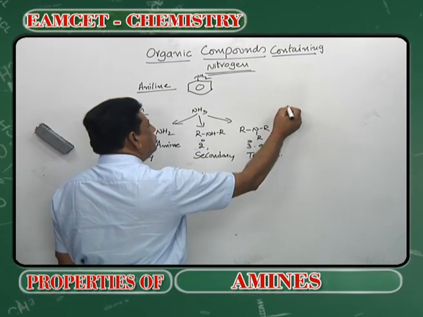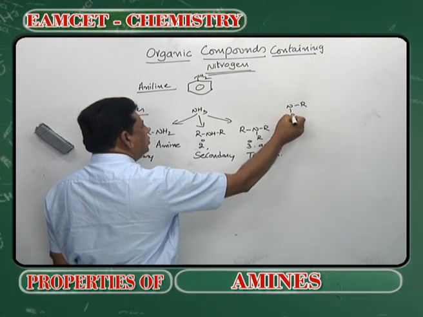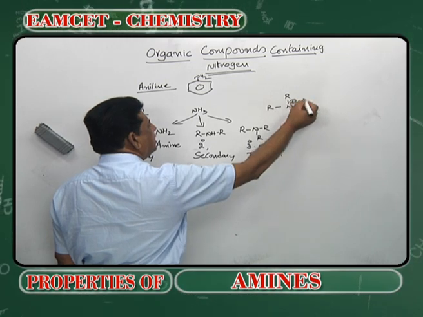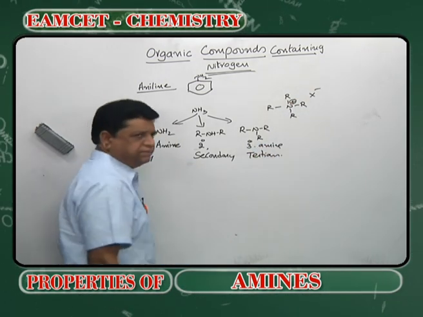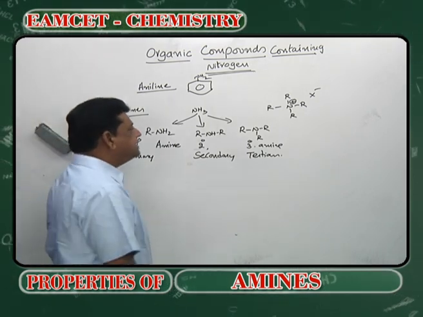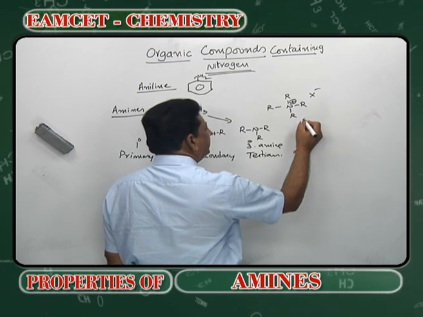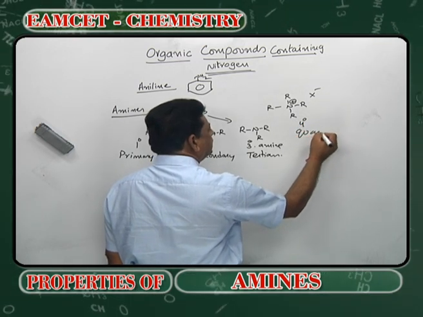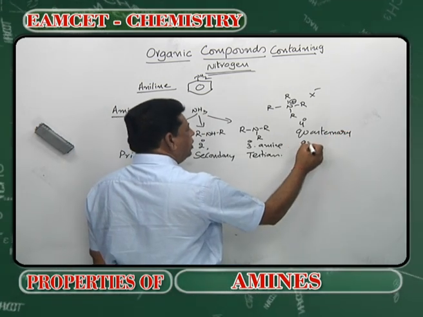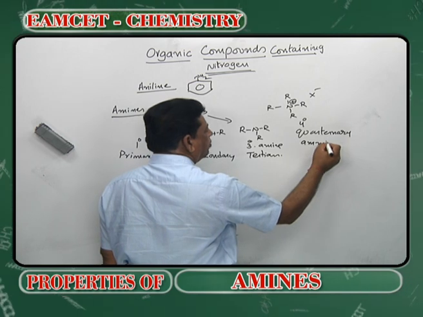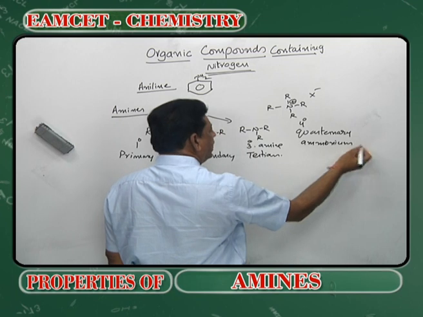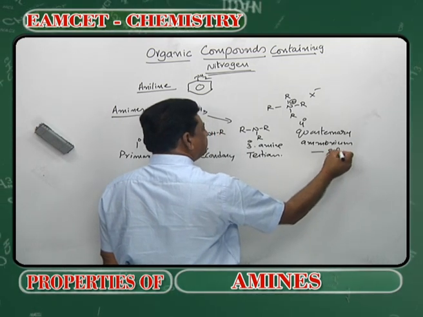In fact, you can also have 4 alkyl groups. When 4 alkyl groups are there, N will have a plus charge, with some X minus outside, either hydroxide, chloride, sulfate, nitrate, any anion. Such compounds are called 4th degree or quaternary, but they are not amines, they are ammonium. If it is Cl, ammonium chloride, like that.